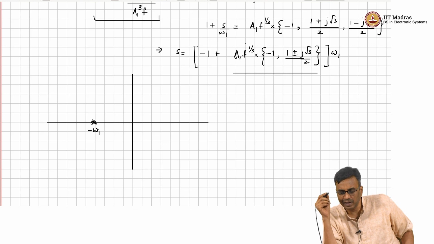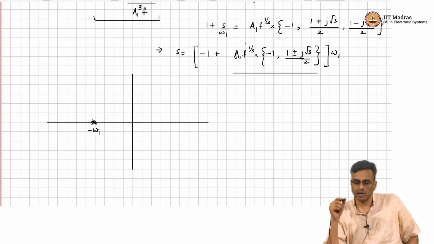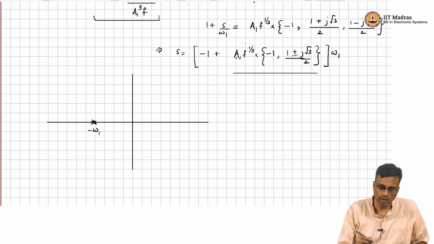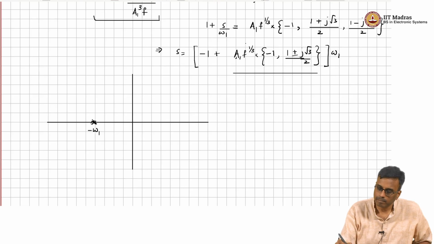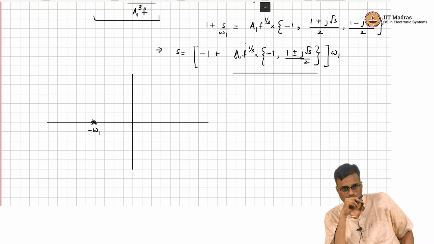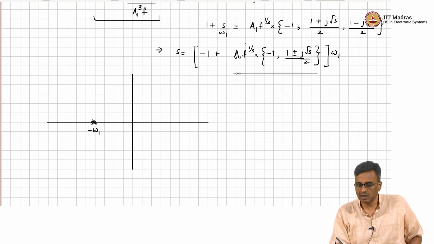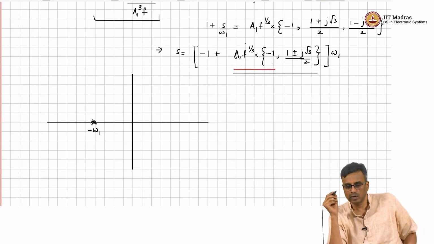As a 1 f keeps increasing in magnitude, or a 1 f to the 1/3 keeps increasing in magnitude, what happens to the poles? So, as a 1 f becomes more and more, then what comment can you make about minus a 1 f to the 1/3?